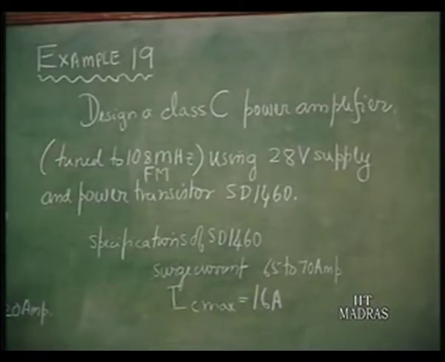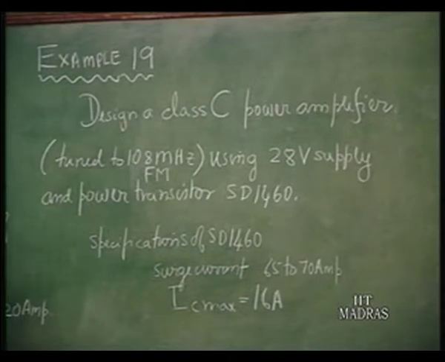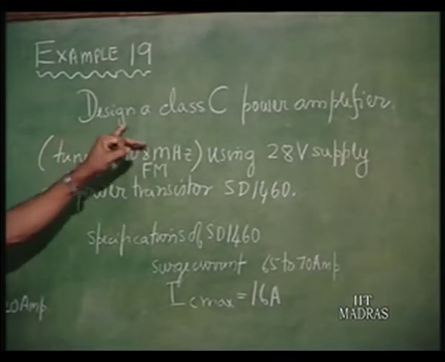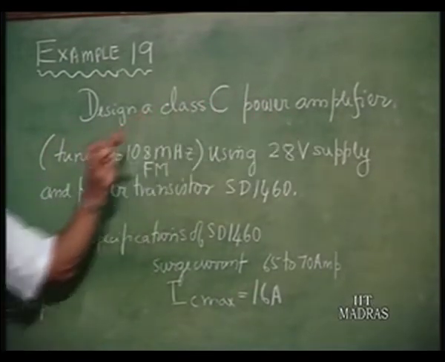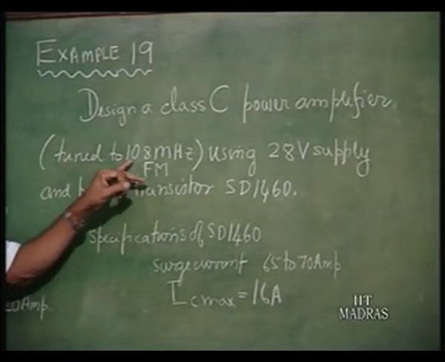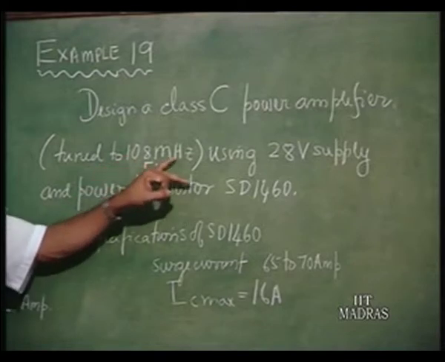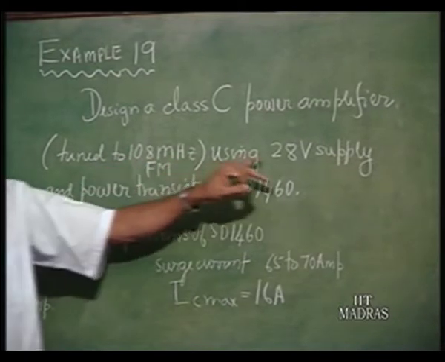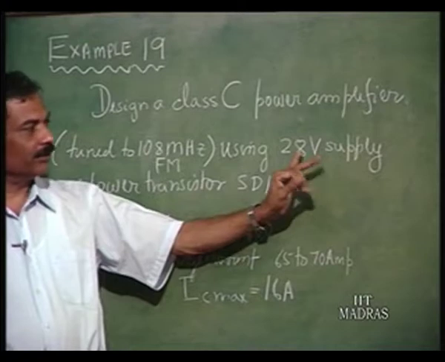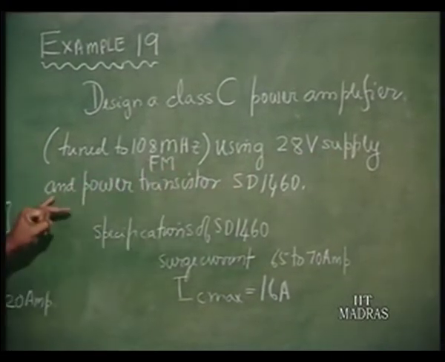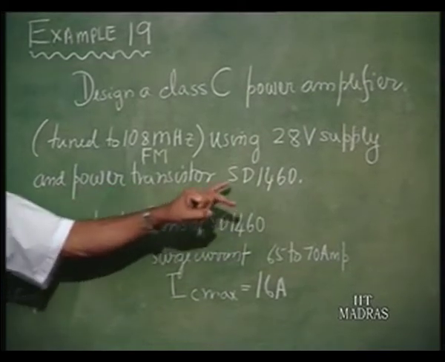Now that we have understood how class C power amplifier works, let us illustrate it by an example. Design a class C power amplifier. This is a typical design tuned to FM transmitter frequency 108 megahertz using 28 volts typical supply used for this transistor power stages supply and power transistor SD1460.